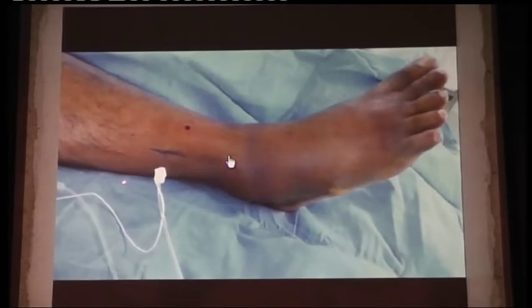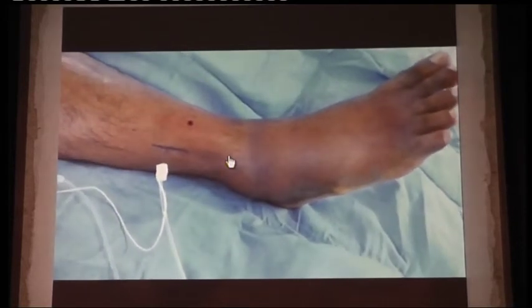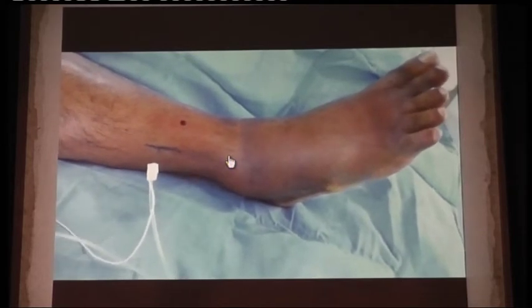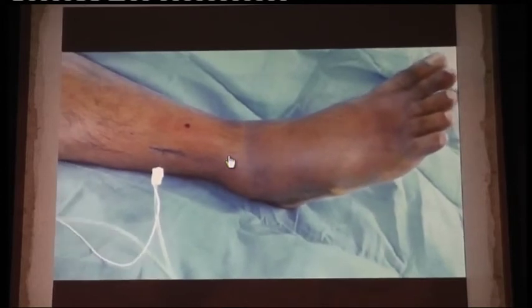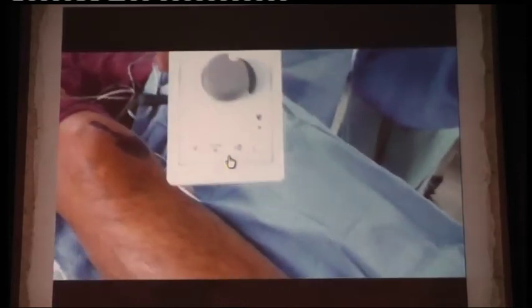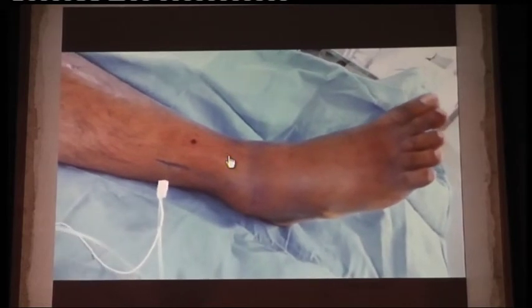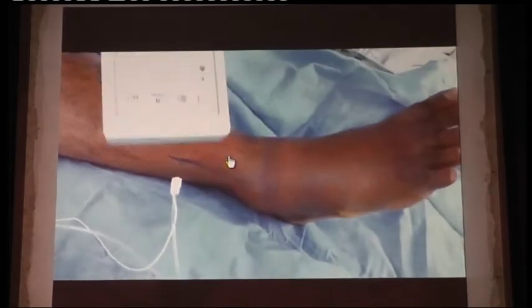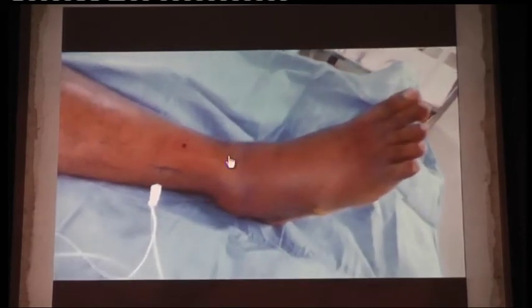See, I had to withdraw a little bit because I cannot inject if the response is there at lower currents. There was fracture of two metatarsals.